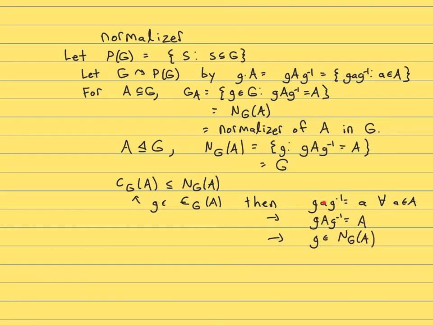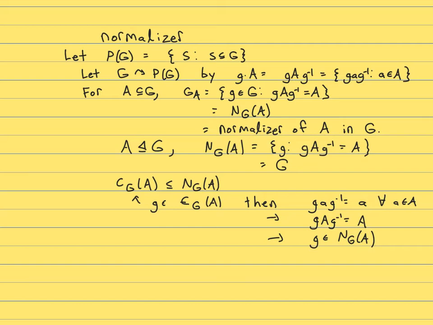So the difference between these two statements is this is saying that conjugation fixes every element of A point-wise. So for each point, conjugation fixes the point, whereas here you're saying conjugation fixes the entire set. So in other words, conjugation could be permuting the elements of the set among themselves, but you're staying in that neighborhood, so to speak.